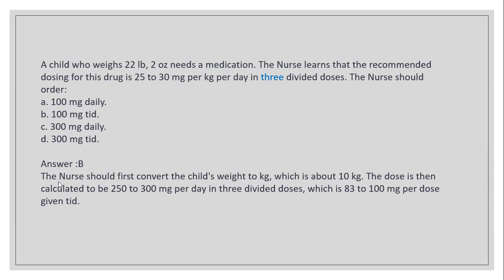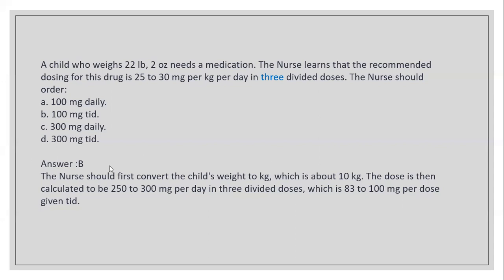Why? The nurse should first convert the child's body weight to kilograms. Here we can see the body weight is in pounds. Pounds have to be converted to kilograms, which is about 10 kilograms, because we know 1 kilogram equals 2.2 pounds.